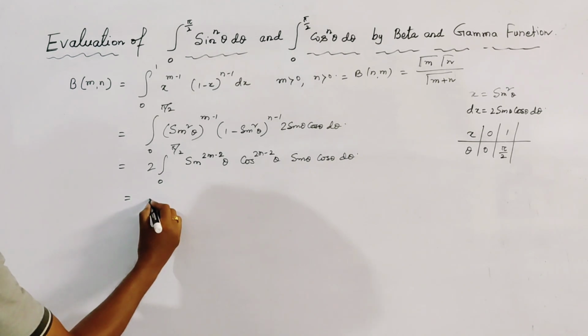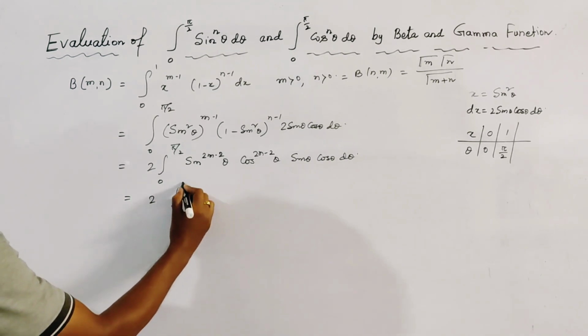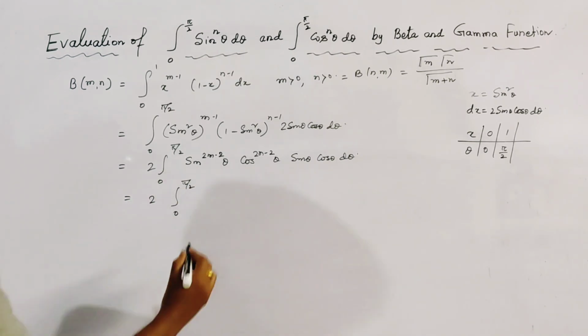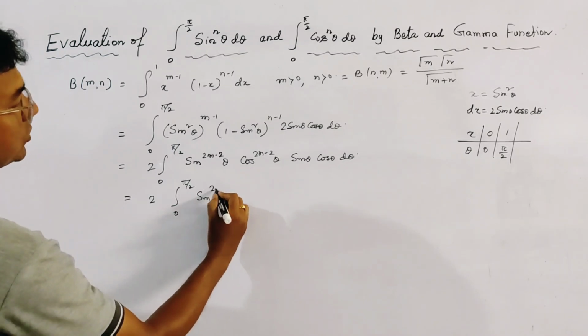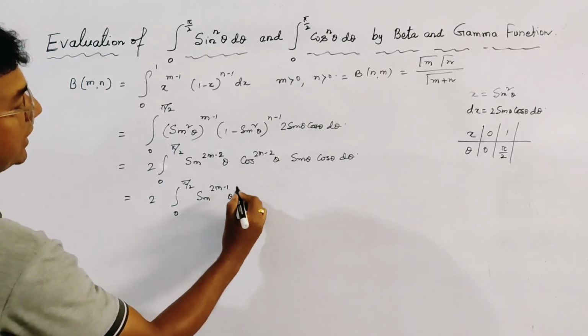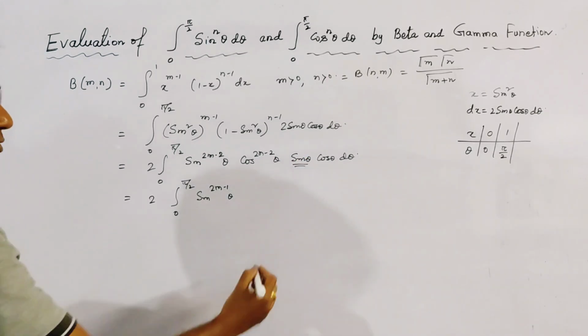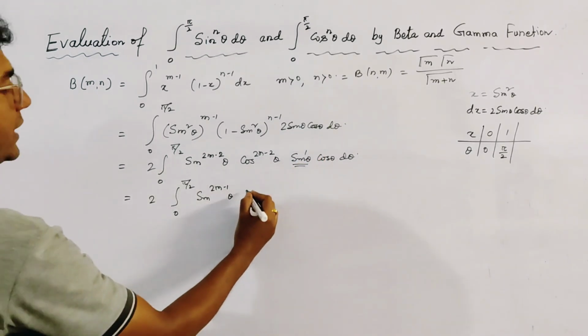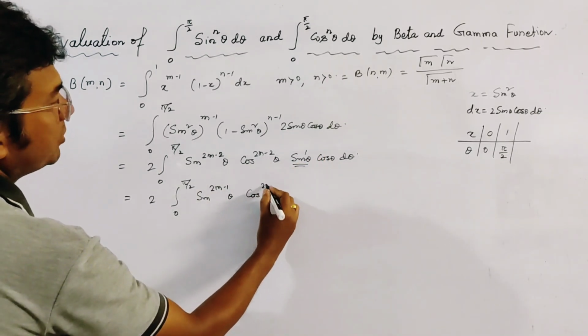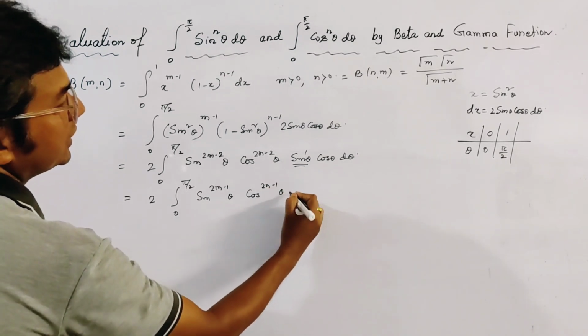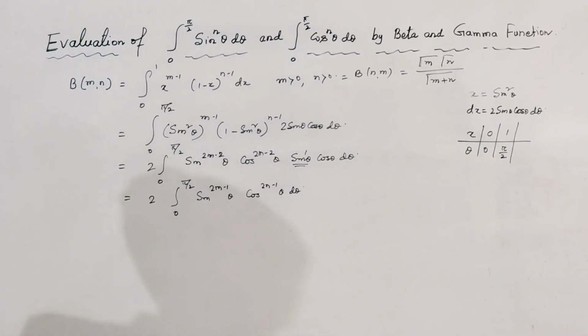Now this is 2 times the integral from 0 to π/2 of sin^(2m-1) θ, because 2m-2+1 is 2m-1, and similarly cos^(2n-1) θ dθ.